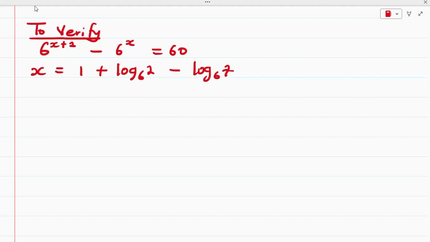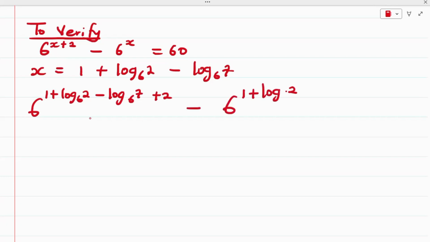So this is the value for x. So from here we have 6 raised to the power of 1 plus log 2 base 6 minus log 7 base 6 plus 2, minus 6 raised to the power of 1 plus log 2 base 6 minus log 7 base 6, is equal to 60.